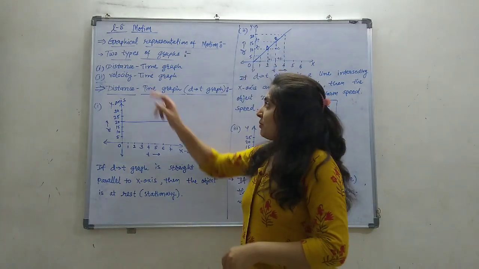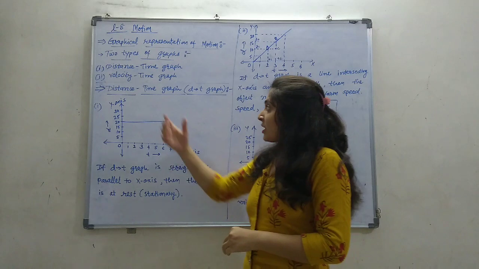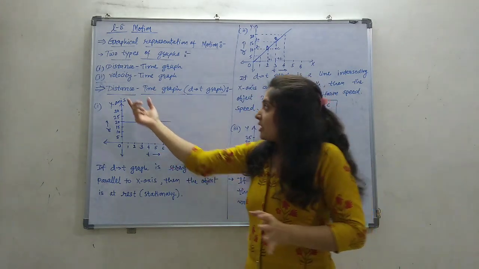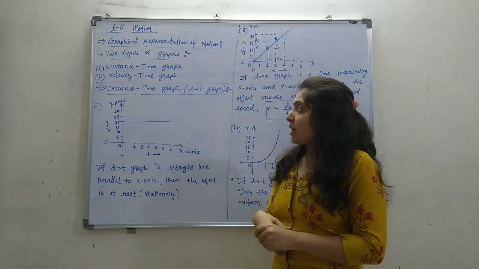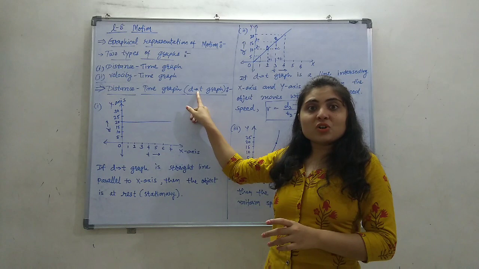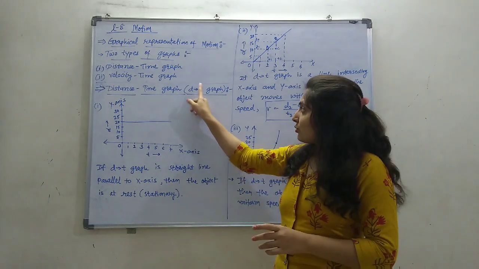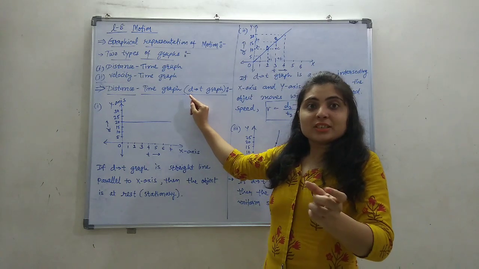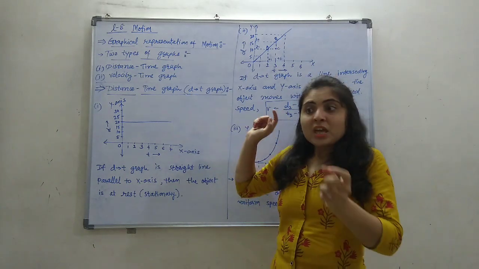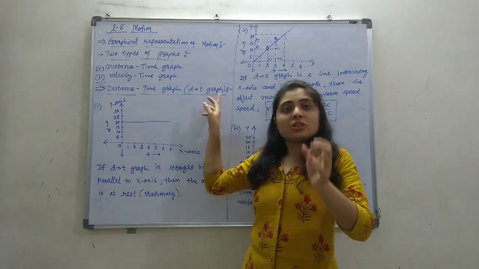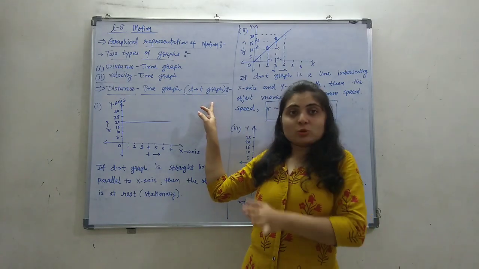First, we will see the detail of the distance-time graph, which is simply noted as D versus T. This symbol represents that the graph is between distance and time. Distance versus time means distance will change accordingly with respect to time.